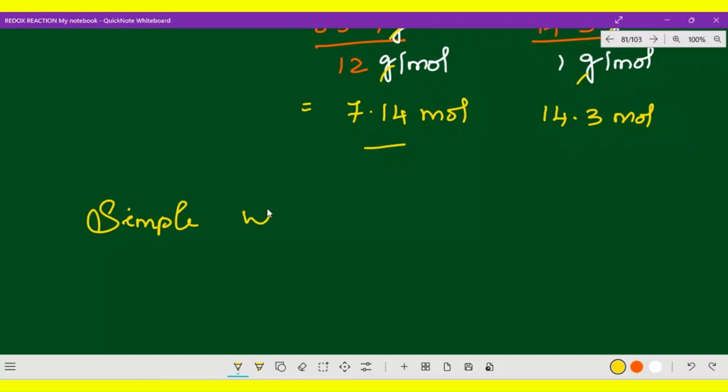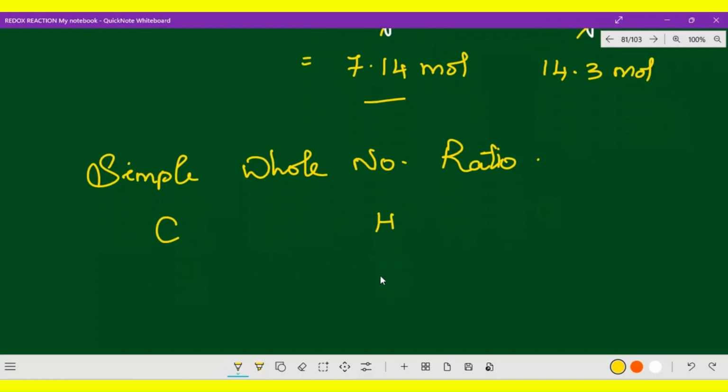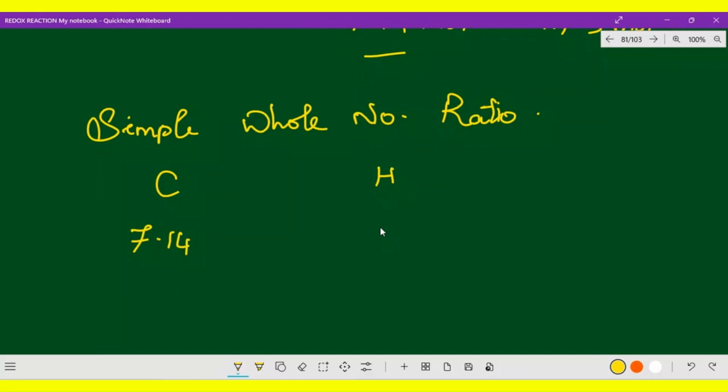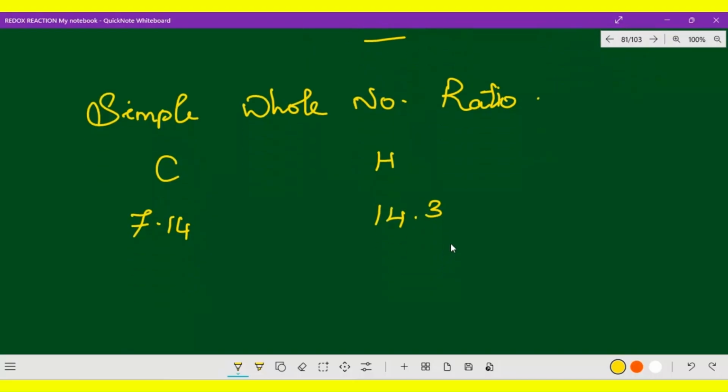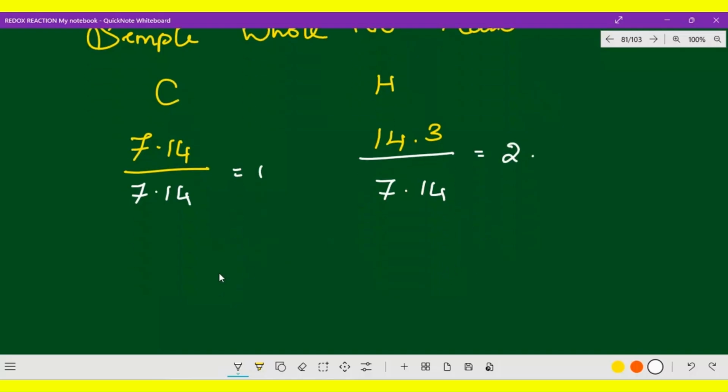Carbon is 7.14 and hydrogen is 14.3. Dividing by the smallest, 7.14, you will be getting 1 for carbon and 2 for hydrogen. So the empirical formula is CH2.